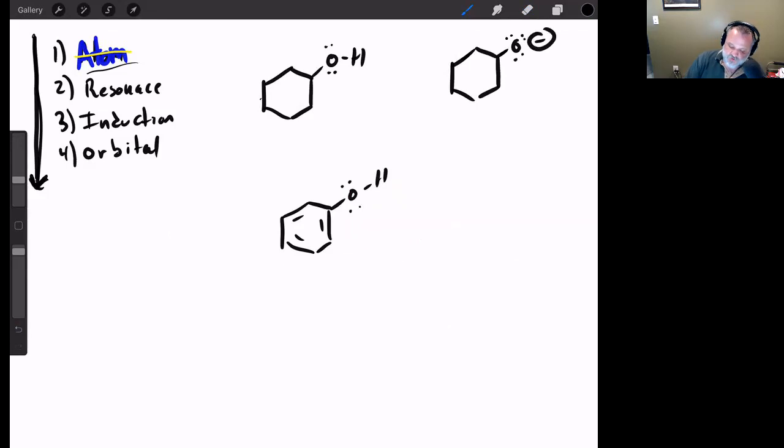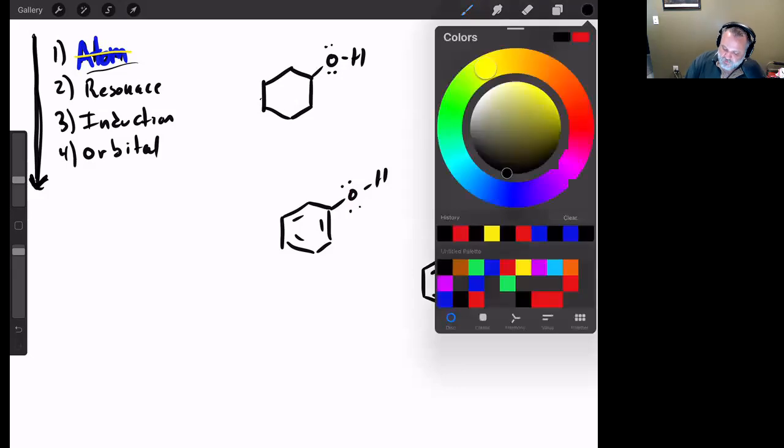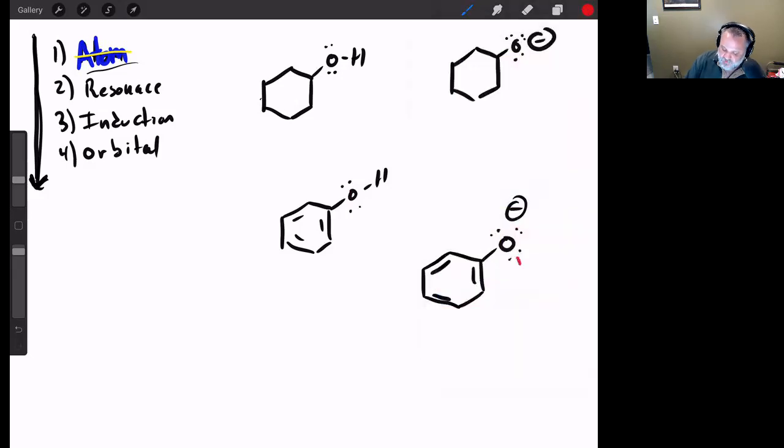Let me back that up just a second. With cyclohexanol, I've got a negative charge localized on the oxygen. With phenol, I have a negative charge on the oxygen, but it's not localized. This negative charge can delocalize into the ring.